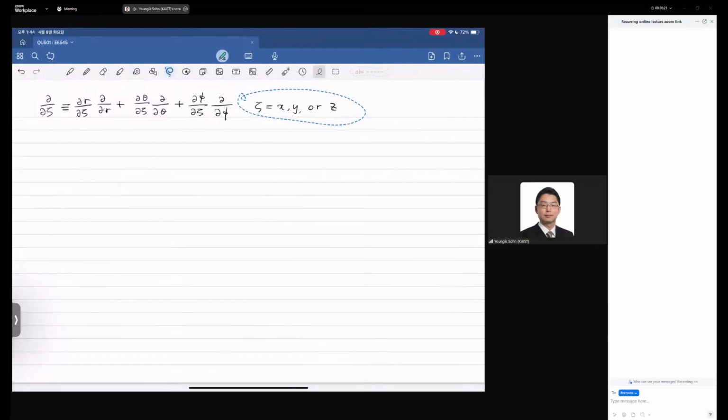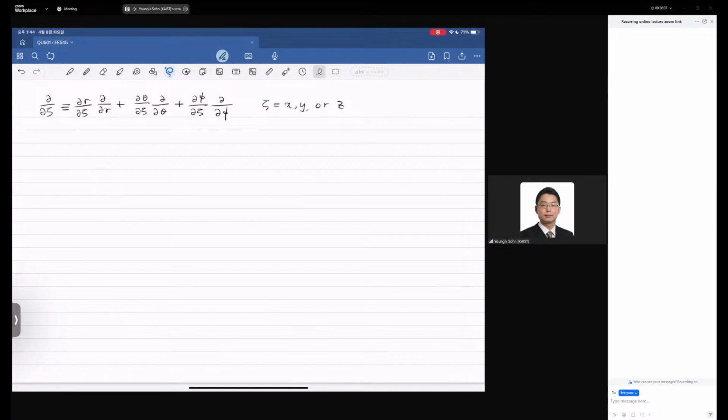So your partial derivative with respect to x, y, or z can all be converted to partial derivatives with respect to r, theta, phi. This is how you convert the operator between two coordinate systems.